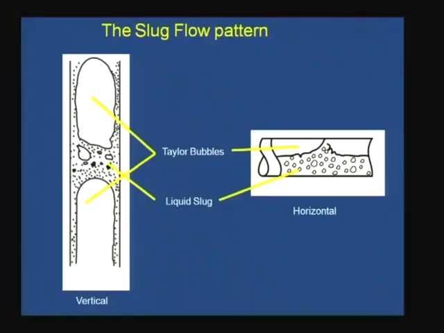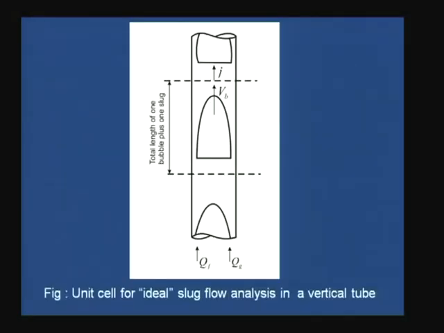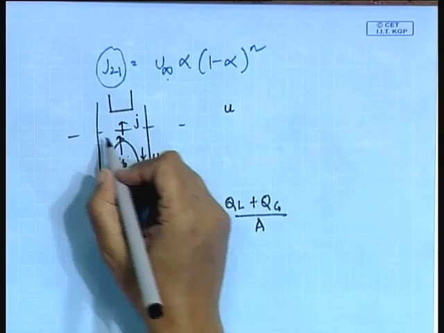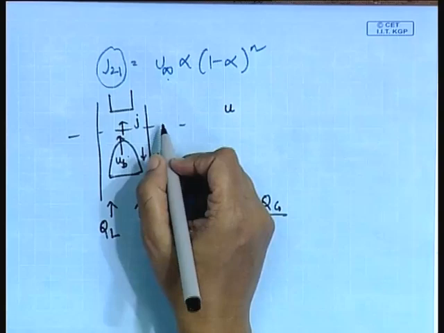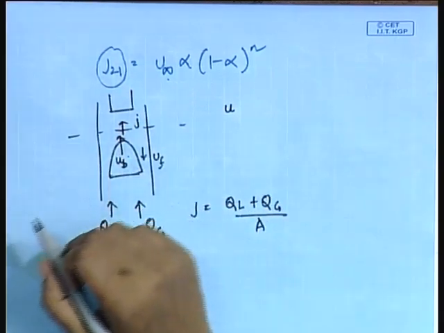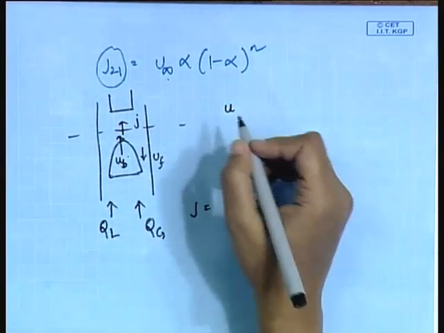So, to start with, we start the analysis for vertical slug flow. Now, in this particular case, what do we find? We find that the liquid ahead of the bubble moves up at a velocity J. Try to understand this concept very well.